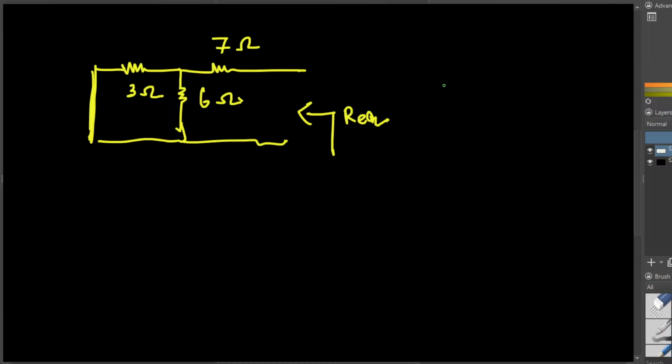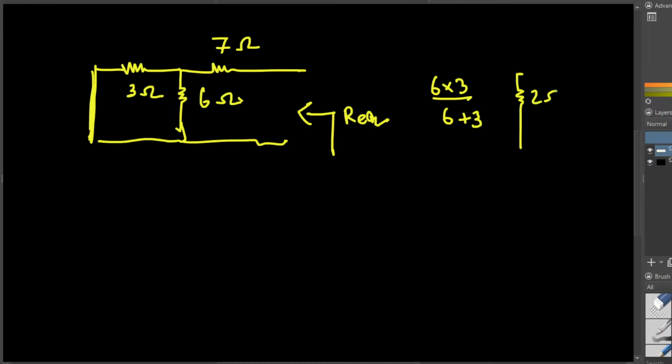Let's take that one. What's R equivalent for 3 and 6? Product over sum. 6 times 3 over 6 plus 3. That is 18 over 9, that is 2 ohms.